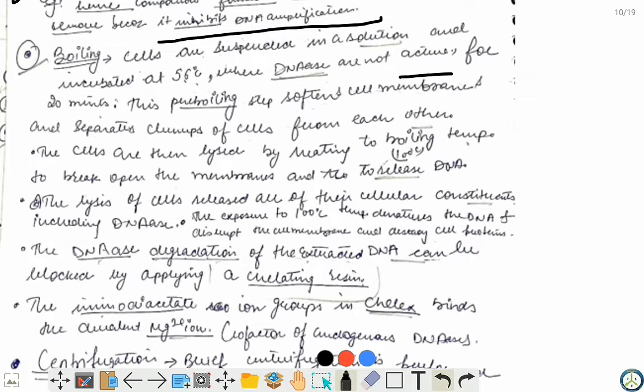This is the pre-boiling step, which will soften the cell membrane. Then we heat, or boil, the sample at 100 degree centigrade. Then we break down the cell membranes. Then we add the Chelex suspension.